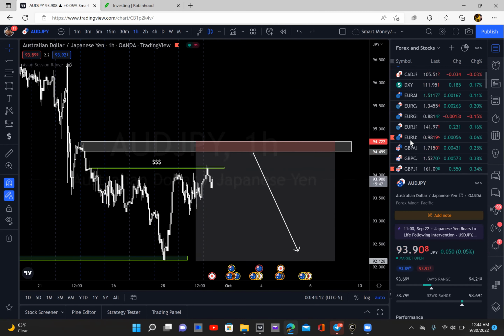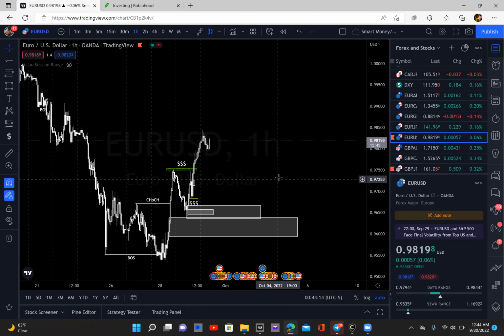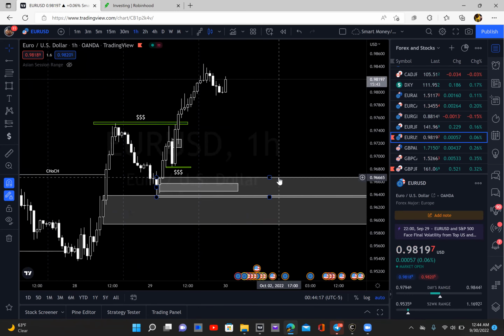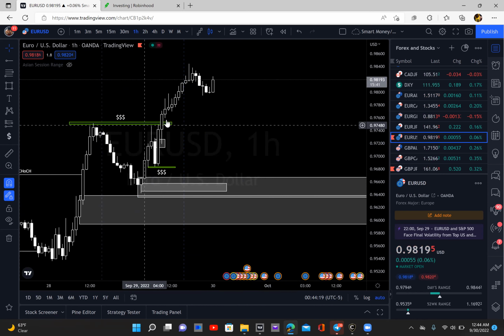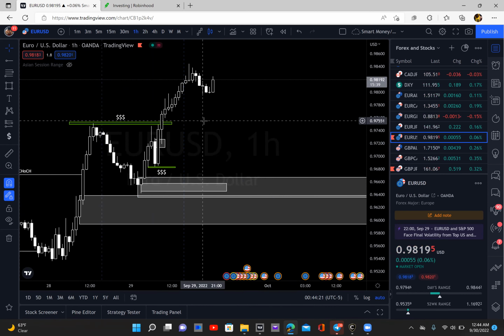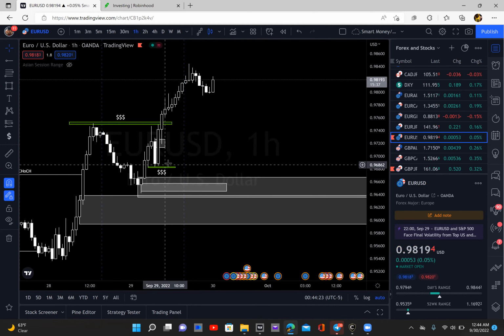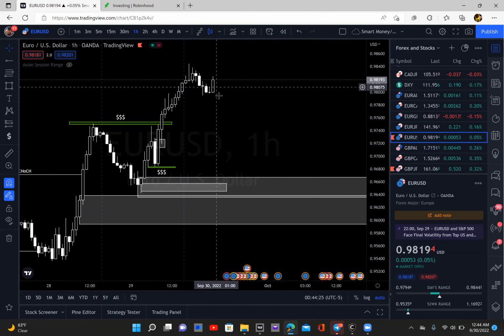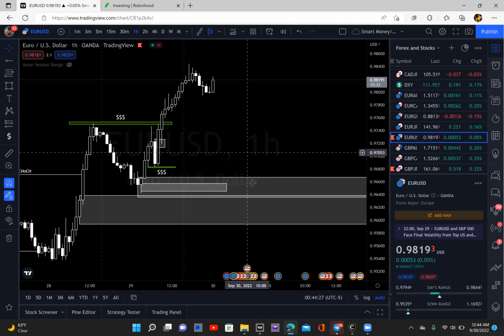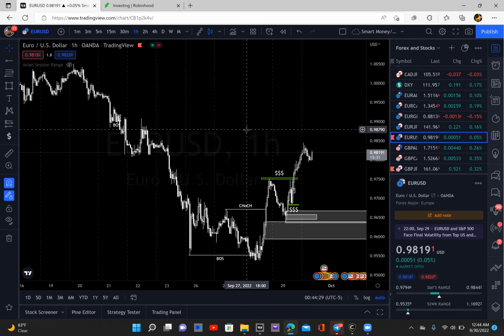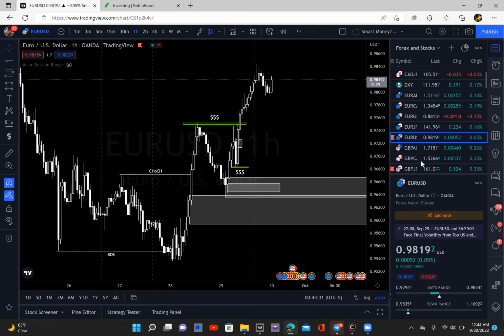Do I have a setup on EUR USD? All right. It took out this liquidity here. Still haven't taken this one out. I'm looking at it to possibly come back down, but that might not happen until next week because it's kind of far away.